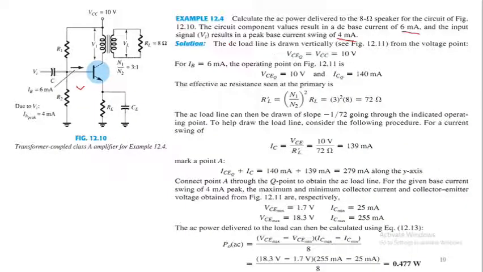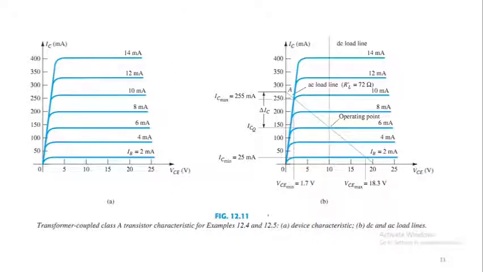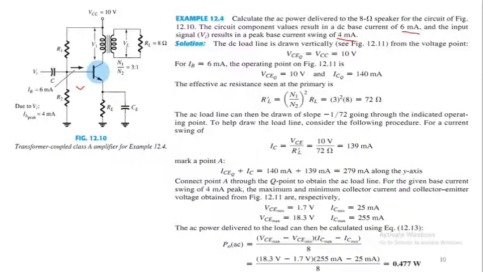So for this case the DC load line is drawn vertically, see figure 12.11, from the voltage point, that is VCEQ equal to VCC, that is equal to 10 volt. तो ये हमने डिस्कस किया था कि यहाँ पे आपके पास जो RC है उसकी वैल्यू ज़ीरो है, क्योंकि यहाँ पे प्राइमरी कॉइल्स हैं ट्रांसफार्मर की, and we consider their resistance equal to zero in the case of an ideal transformer. तो आपके पास ये जो VCEQ पॉइंट है, that is equal to VCC.